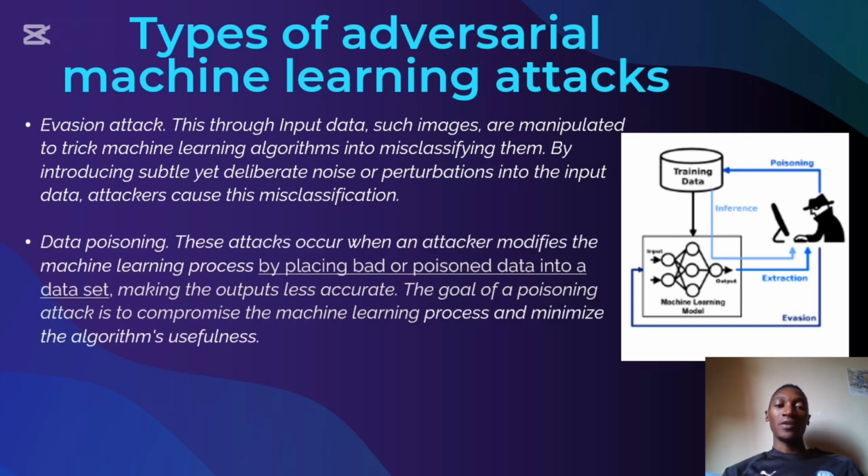We can also have data poisoning. Data poisoning is a situation where the attacker modifies the machine learning process by placing poison data within the dataset. This makes the output inaccurate or makes the model misclassify the images, audios, and data.